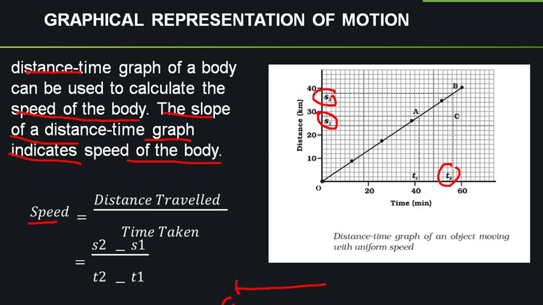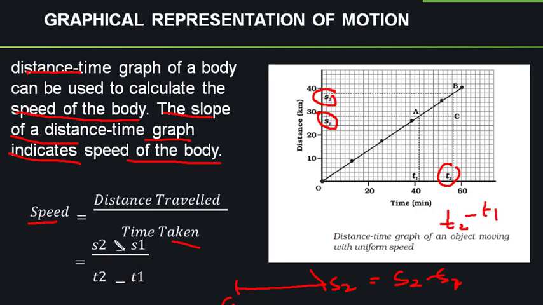So what is the distance traveled? The car traveled from S1 to S2. So the distance traveled is S2 minus S1. And the time from here to here is T2 minus T1.